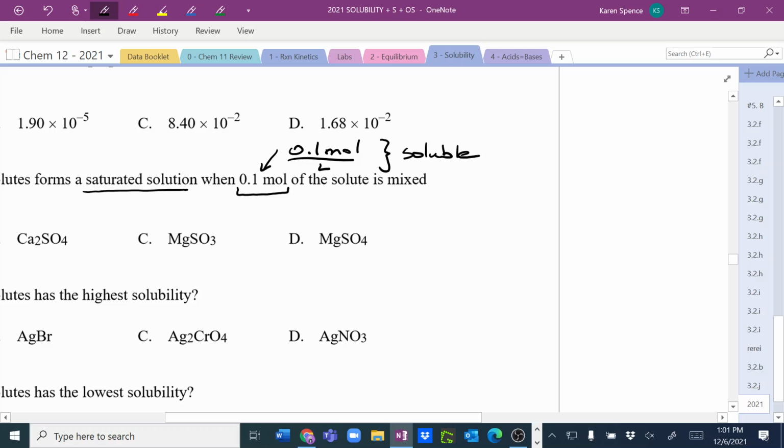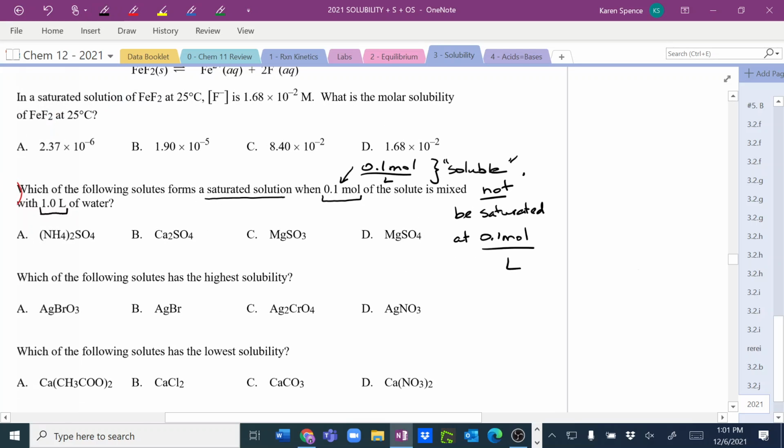So if something is soluble, you can make a 0.1 molar solution, which means it will not be saturated at 0.1 moles per liter. So if something is soluble, it will not be saturated at 0.1 moles per liter, okay?